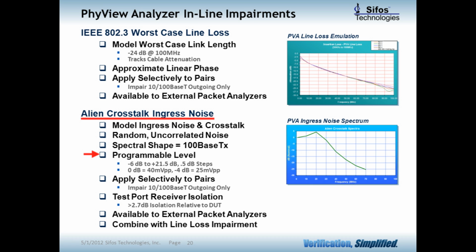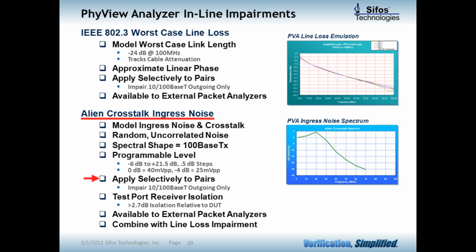The impairment is calibrated such that 0 dB corresponds to 40 millivolts peak to peak on the outgoing transmission signal from the test port. 40 millivolts is a specified tolerance level for 100 and 1000 base T in IEEE standards.